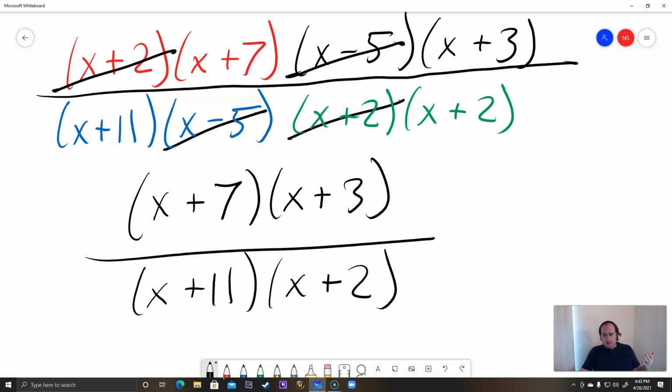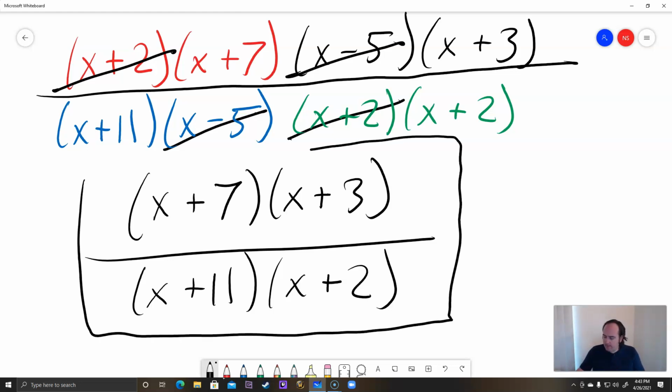So it's not the cleanest answer. I know it's kind of complicated, but it is simpler than what we started with. Okay, so x plus 7 times x plus 3 all over x plus 11 times x plus 2. All right, and that's as hard as your homework gets for the multiplying.